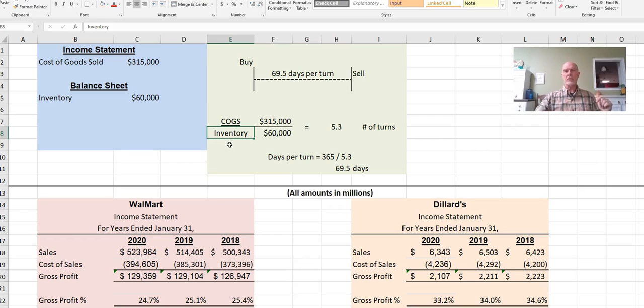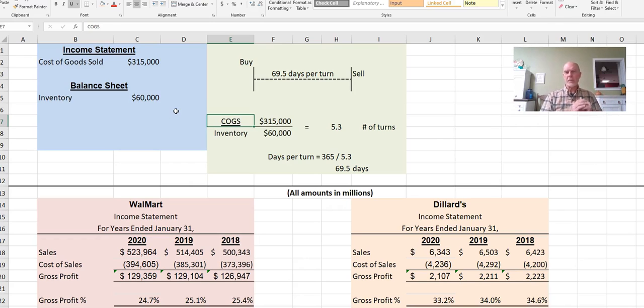Or another thing you could do is try to sell more product more quickly. Of course, a lot of that has to do with marketing strategy, your pricing, your advertising, location, that type of thing. So you can address the numerator, the cost of goods sold. You can also address the denominator.